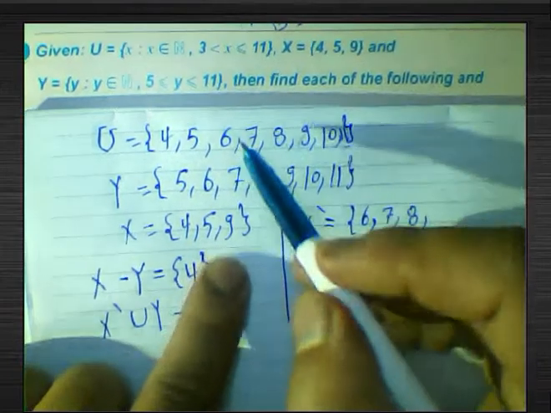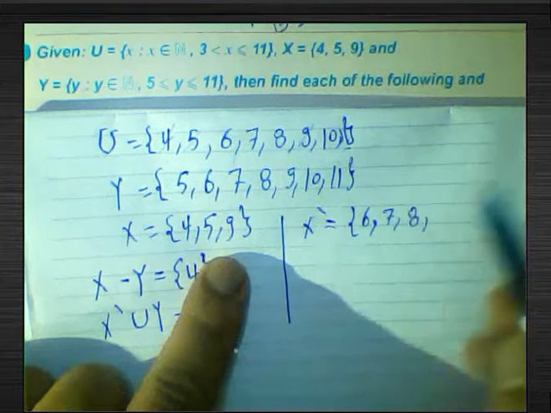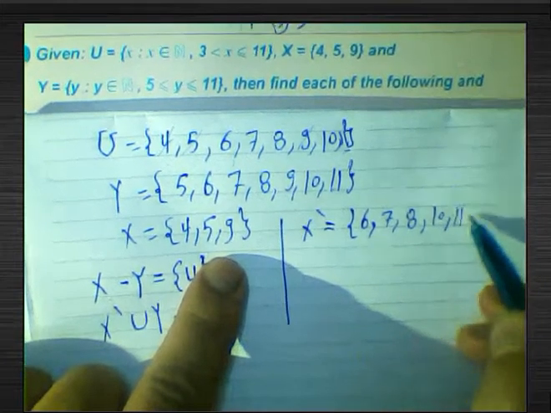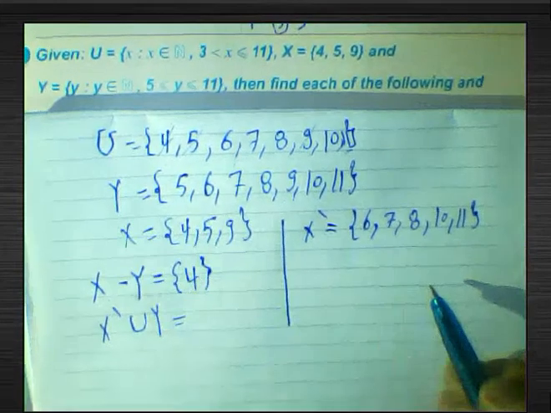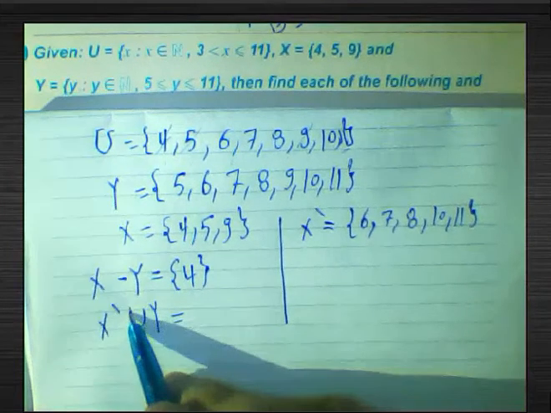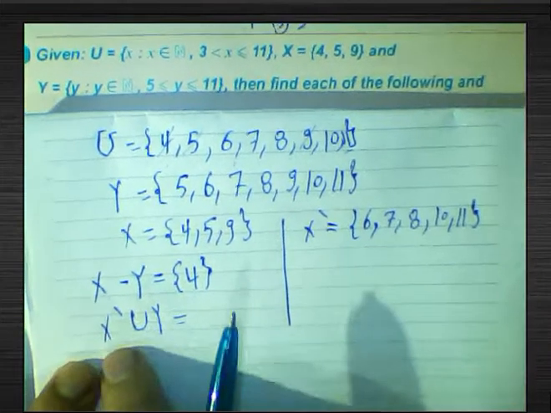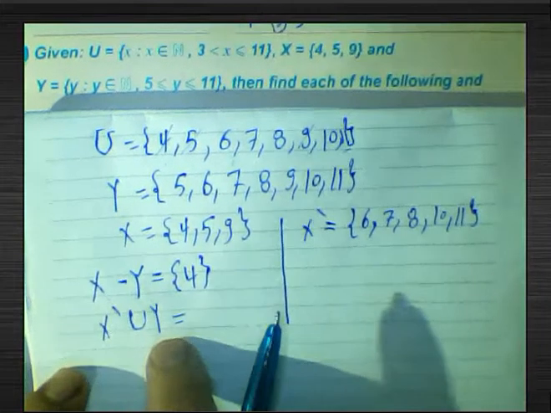We can cancel 9, 4 and 5 and write 6, 7, 8, 10 and 11. So we can find X complement from the universal set, and then write X complement union Y.